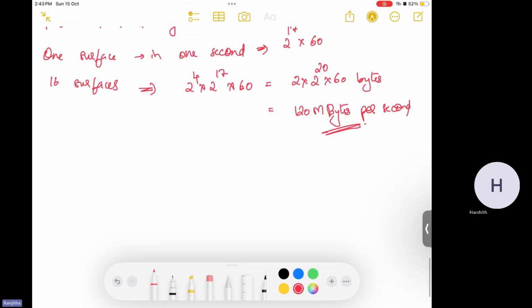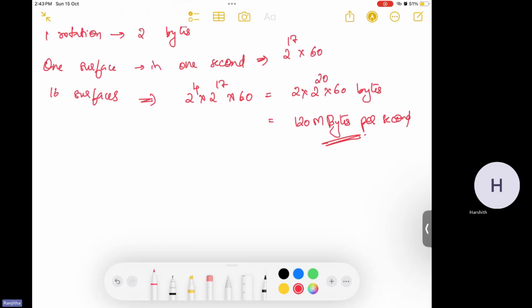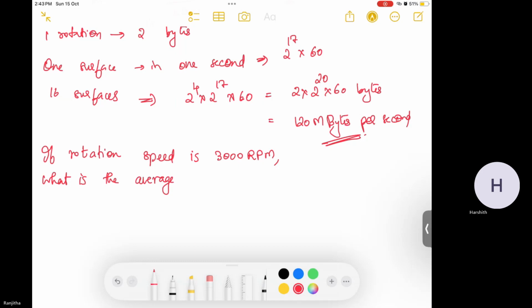Now one more follow-up on this: if the rotation speed is given as 3000 rpm, what is the average access time, with a seek time of 11.5 millisecond?